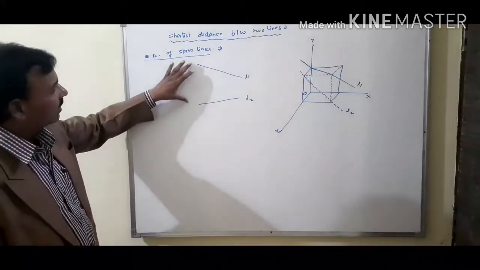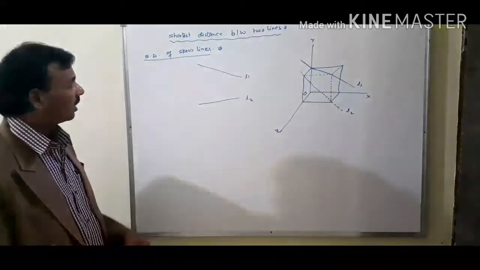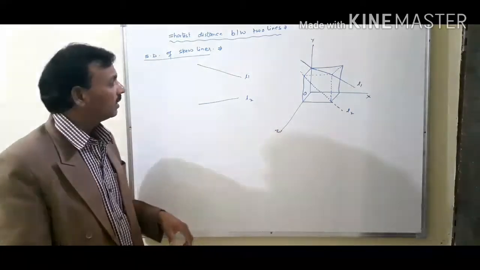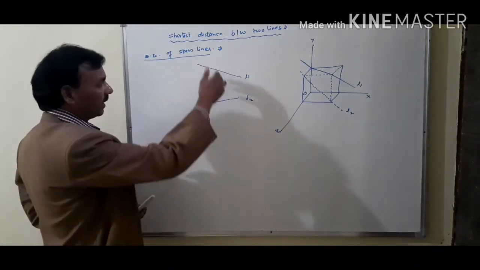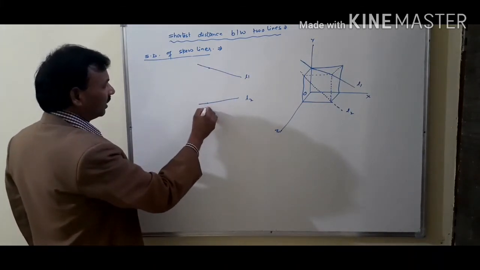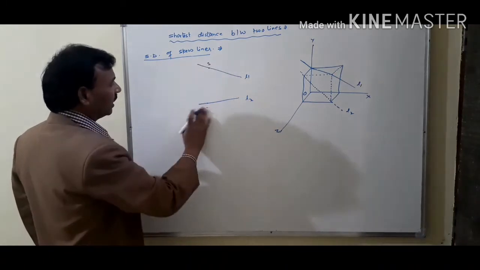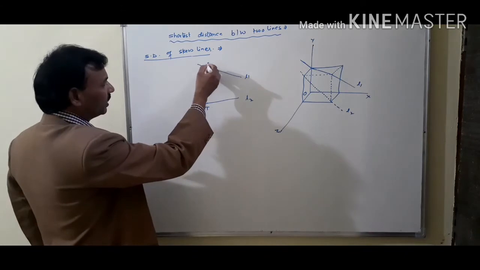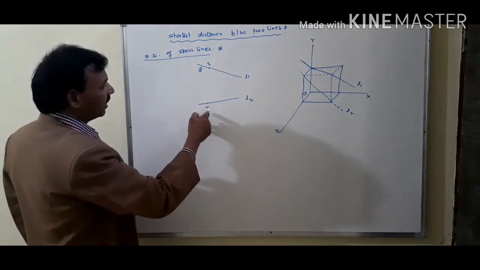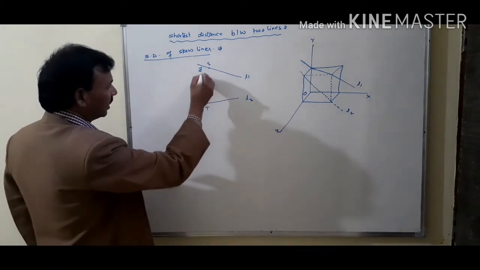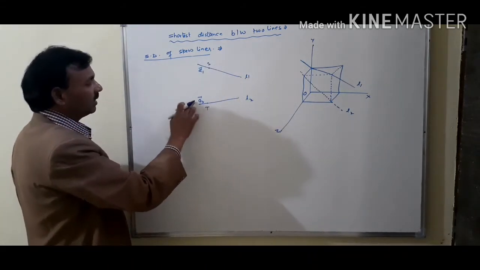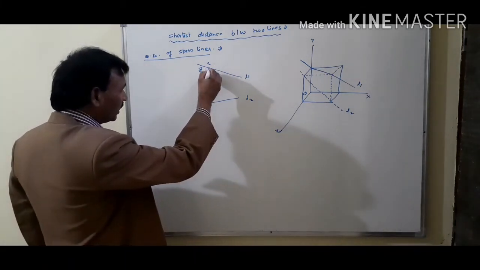Now how do we find the shortest distance between both lines? The shortest distance between these both lines will be the length or magnitude of a line which is perpendicular on both lines. Suppose a point S on L1 and T on L2, where the position vector of S is A1 and the position vector of T is A2, and join them.